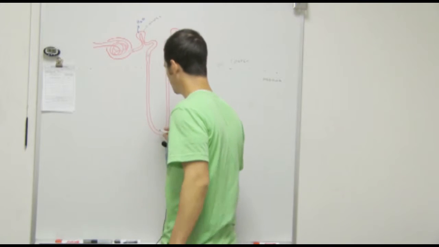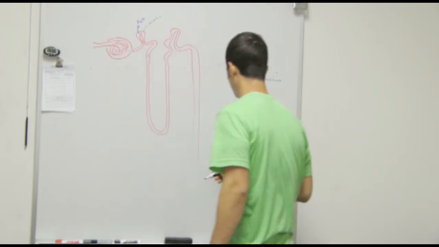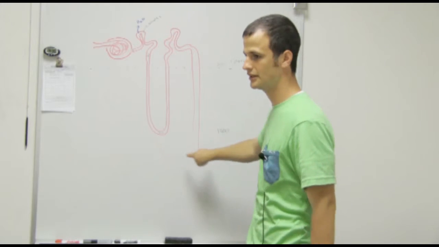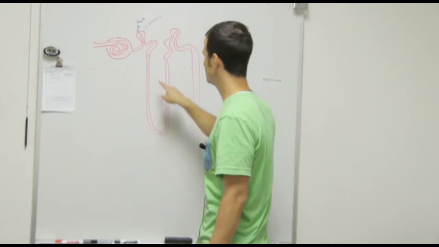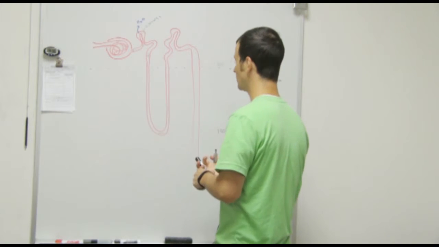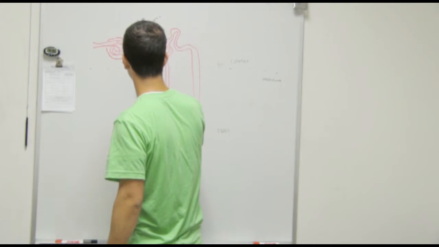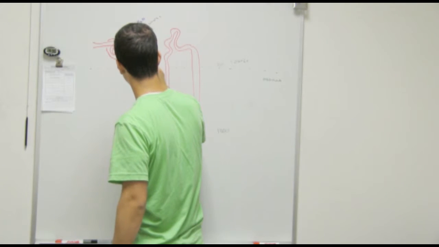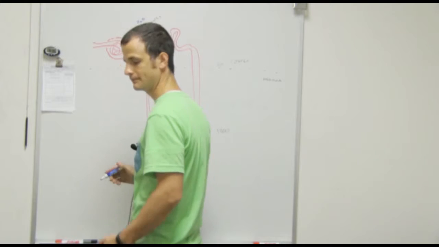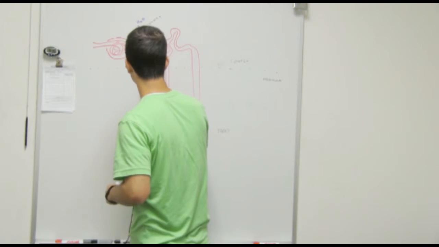Okay. All right. So at the bottom of the loop, our fluid needs to be at 1200, right? Because it needs to match the outside. And so as we go down the loop, the fluid in the loop becomes more concentrated. And this occurs by water going out, right? And then solutes coming in.